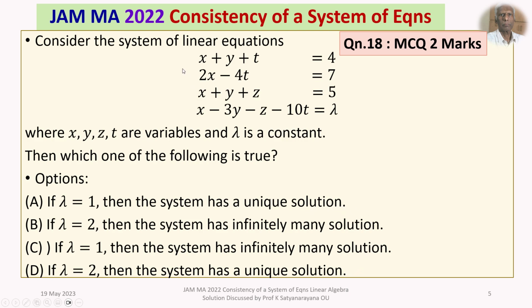We are given 4 equations in 4 unknowns x, y, z, t, and in these lambda is a constant. Then we have to decide, for the various values of lambda, whether the given system has a unique solution or infinitely many solutions.